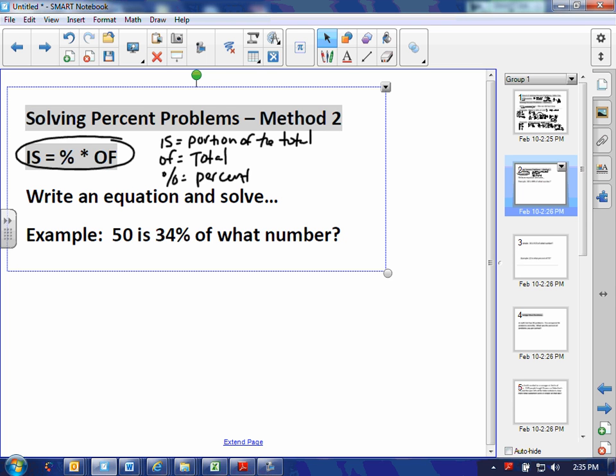It says write an equation and solve. We're going to use this formula, just like the proportion. Once we find our is, of, and percent, we can plug it right in and solve. The only difference in the equation method is that the percent must be written in decimal form.